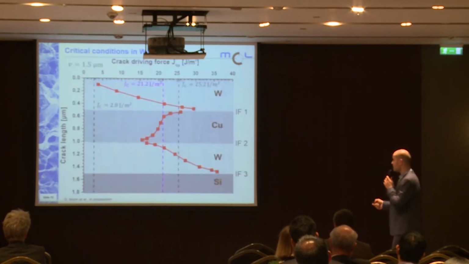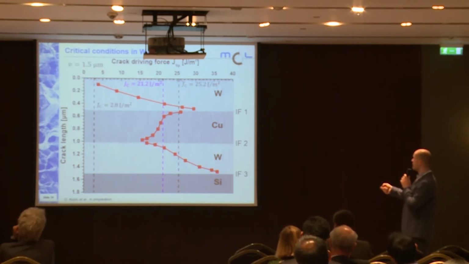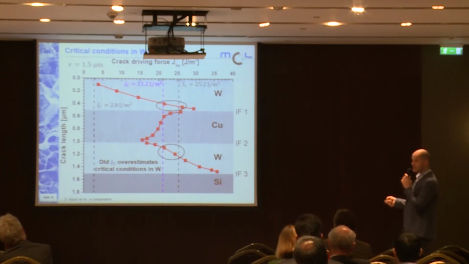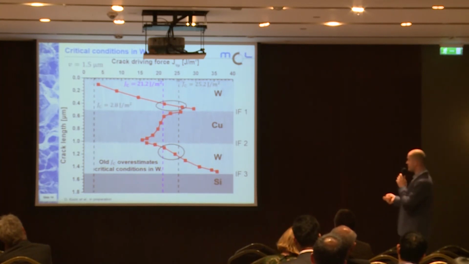This is shown here when we look at the critical loading conditions for an arbitrary load of 1.5 micrometers in bending, for different crack lengths coming from the surface. The critical J value that doesn't count the gradient term overestimates the critical conditions in the tungsten, so this other value shows you the truth in this case.